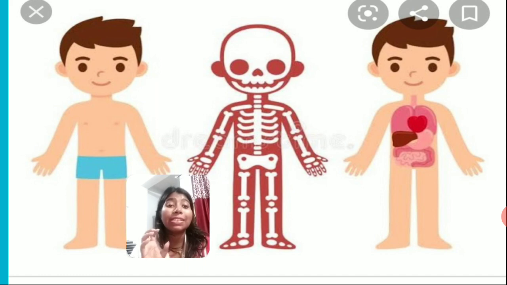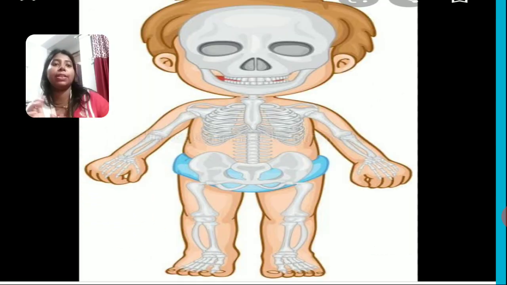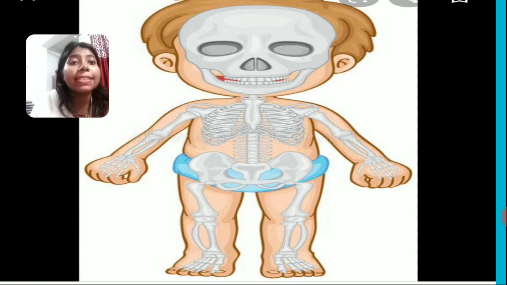That means our skeleton also protects our internal organs. First it is the skeleton, then our muscles, and then the body.